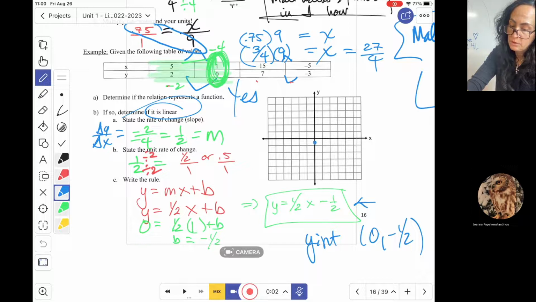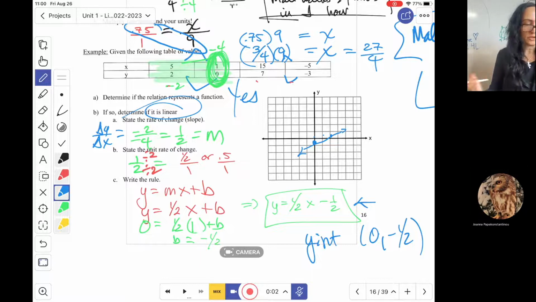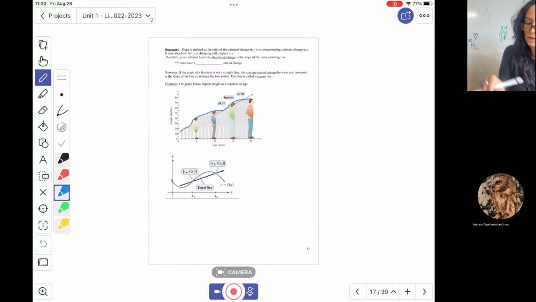I will give them to you at the end of class. So there's my y-intercept, and from there I'm going to go up 1 and over 2. And there it is. If you don't label your axes, you also lose points. So that's just reinforcing slope, rate of change, unit rate of change.